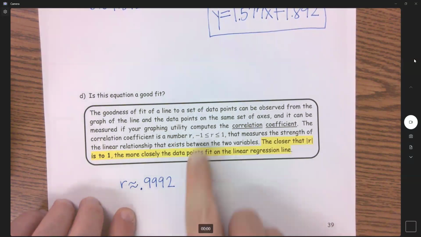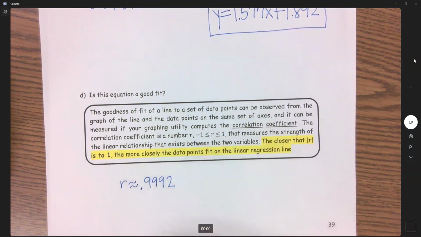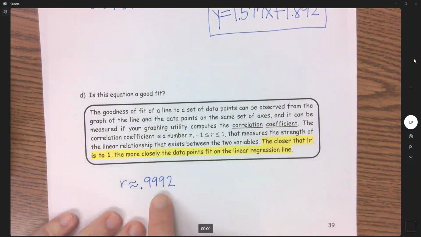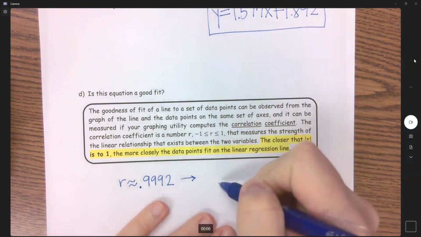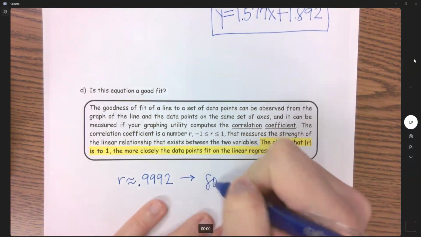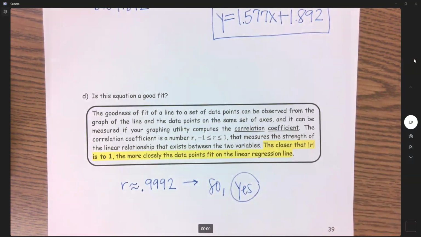So really, the closer it is to -1 or 1, the better this regression is. So because this is so close to 1, is this equation a good fit? Yes. That's why we need to turn that diagnostic on.